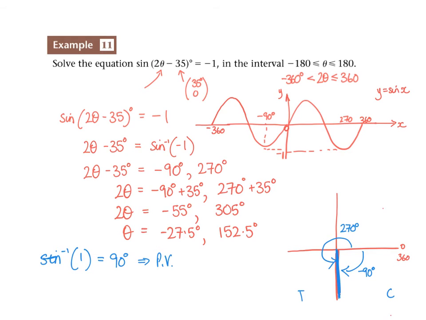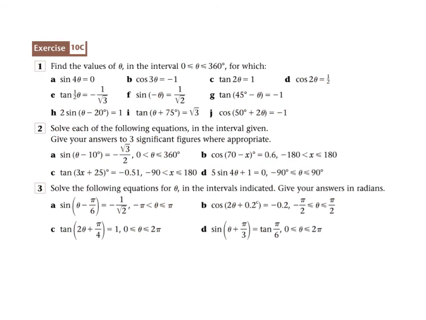As I say, it does become a little bit trickier when you've got this as a maximum minimum value. I think the graph is easier to use, but then again you can still use your quadrant system. So what I'd like you to do is, on exercise 10C, I want you to try as many as possible. So what I would suggest as a bare minimum, question 1, those 3 there.